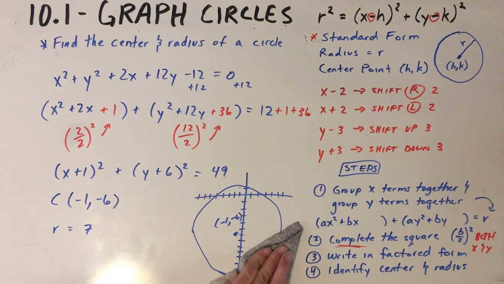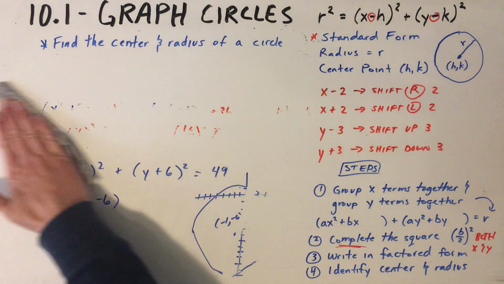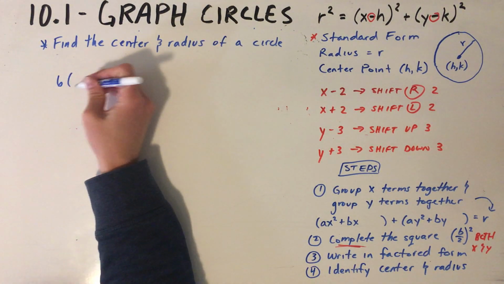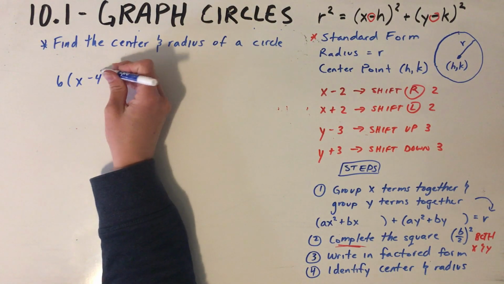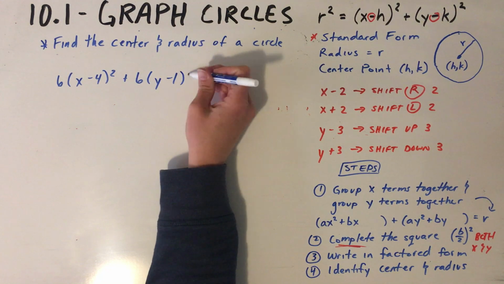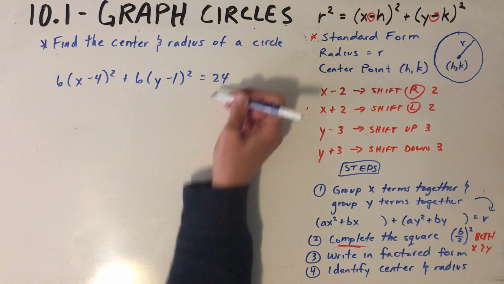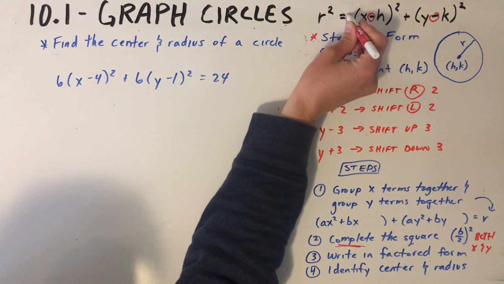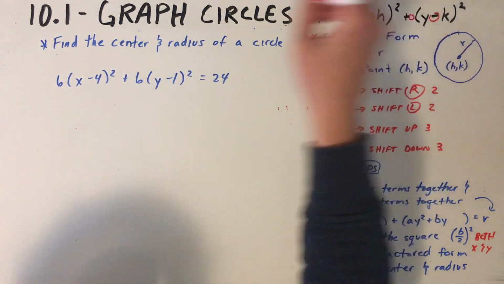If you see a problem that doesn't look like it's in standard form, or it does look like it's in standard form, but it has a coefficient like this. Again, there's a coefficient here before the x or before the y or whatever the case is.